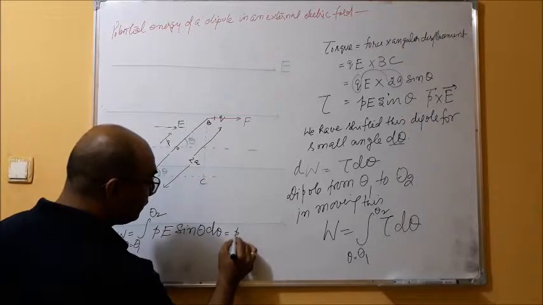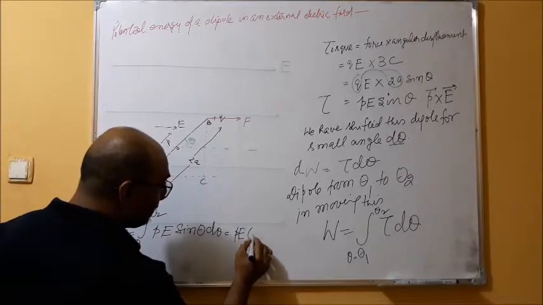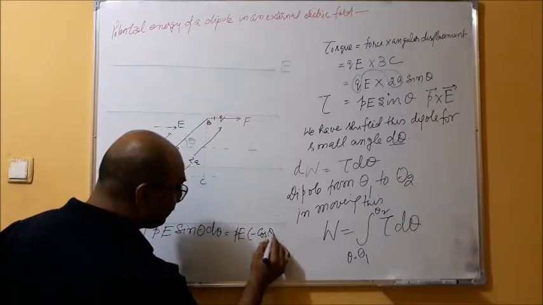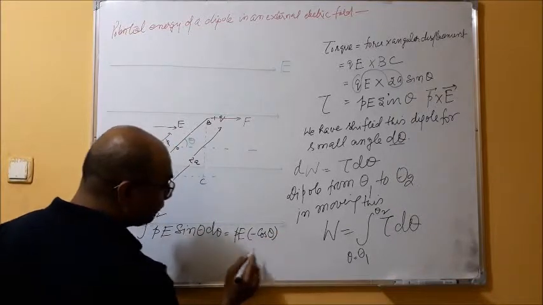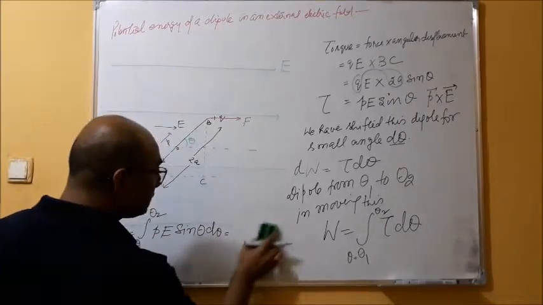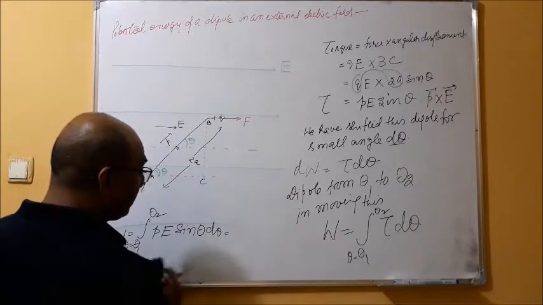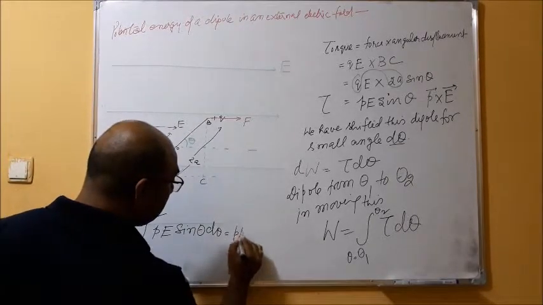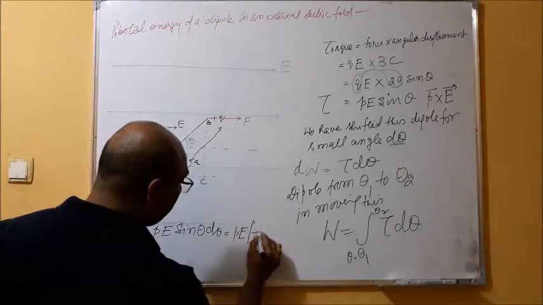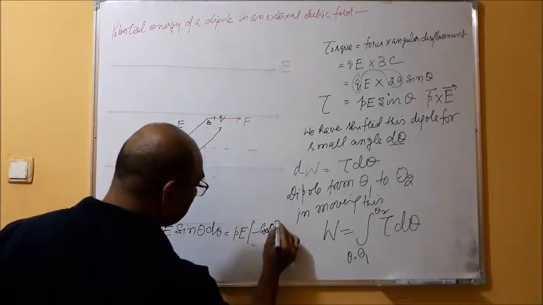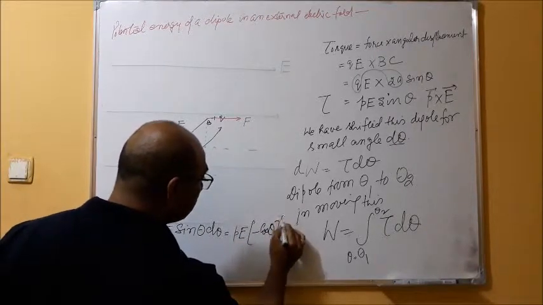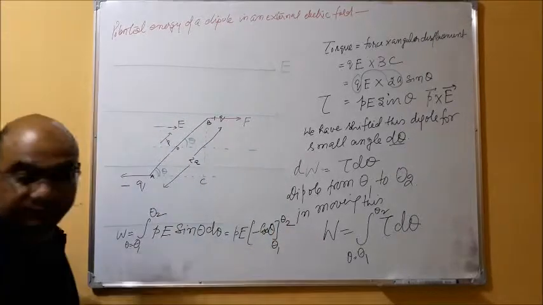Solving this, you will get P E minus cos theta from theta 1 to theta 2.